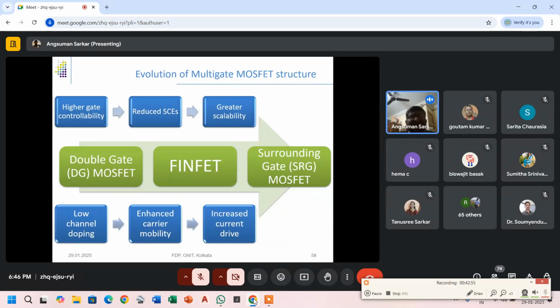So what is a double gate MOSFET instead of a single gate MOSFET? Physically, you can explain this like in a jail, where one person is watched by one single policeman. The chance of escaping is very high.